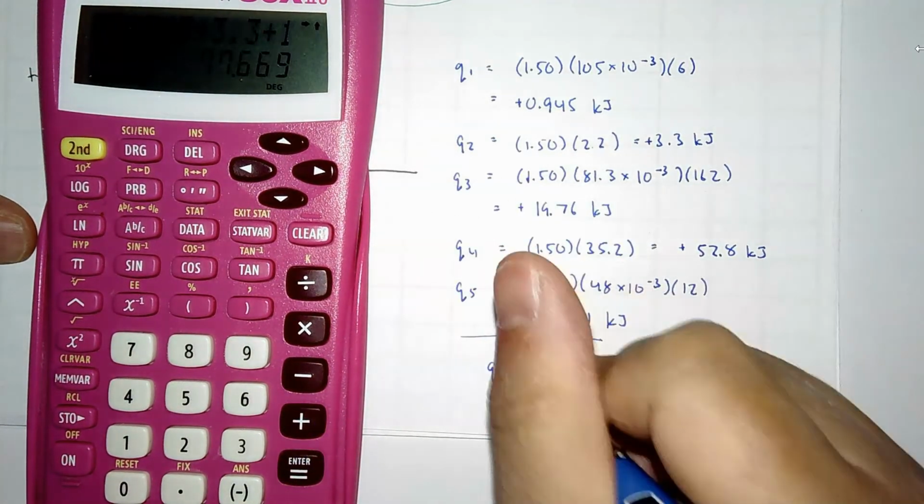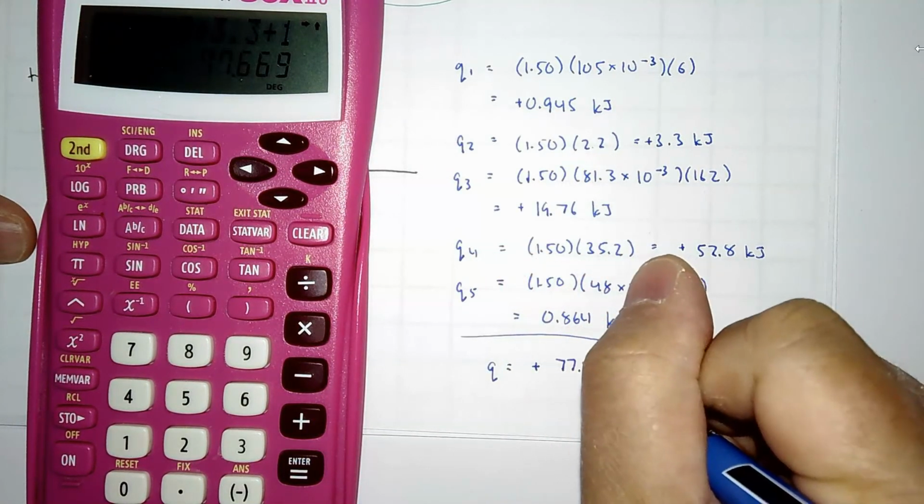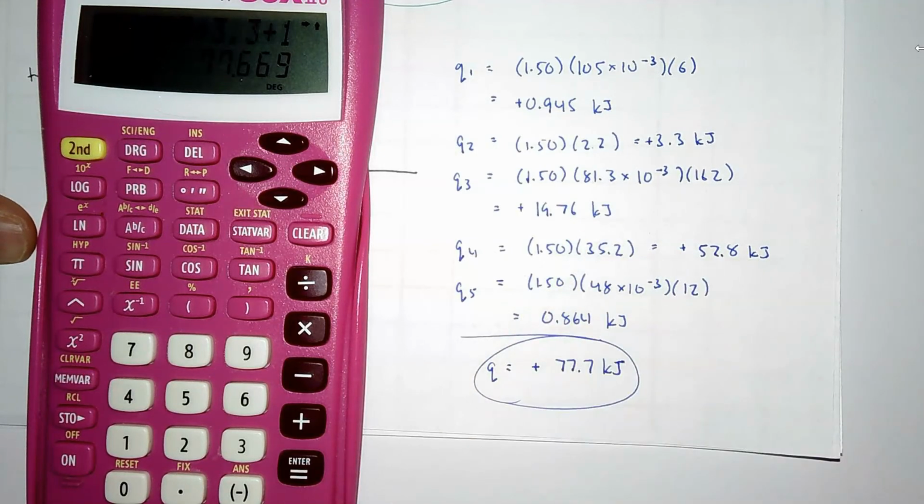Q for the entire process equals positive 77.7 kilojoules. Give the units, circle your answer.